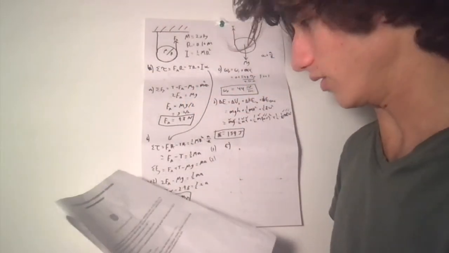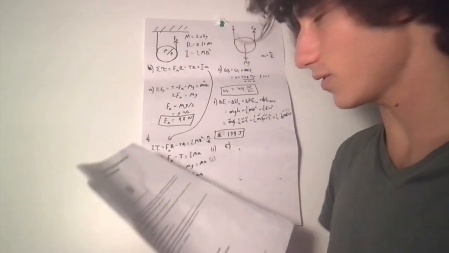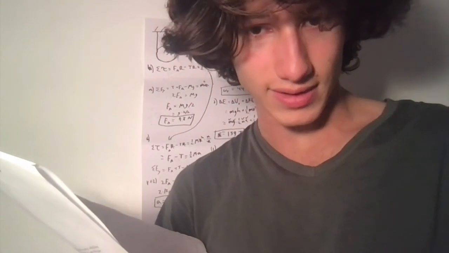So let's think about this a second. Linear acceleration we know is dependent on inertia, which would be the only change that has occurred over here. Would the inertia be greater or smaller? That's the question they're really asking.